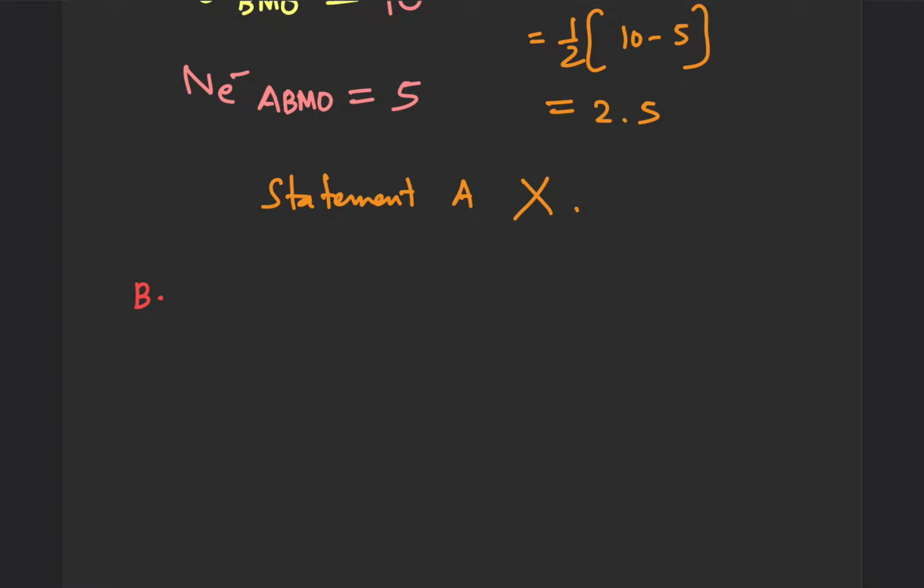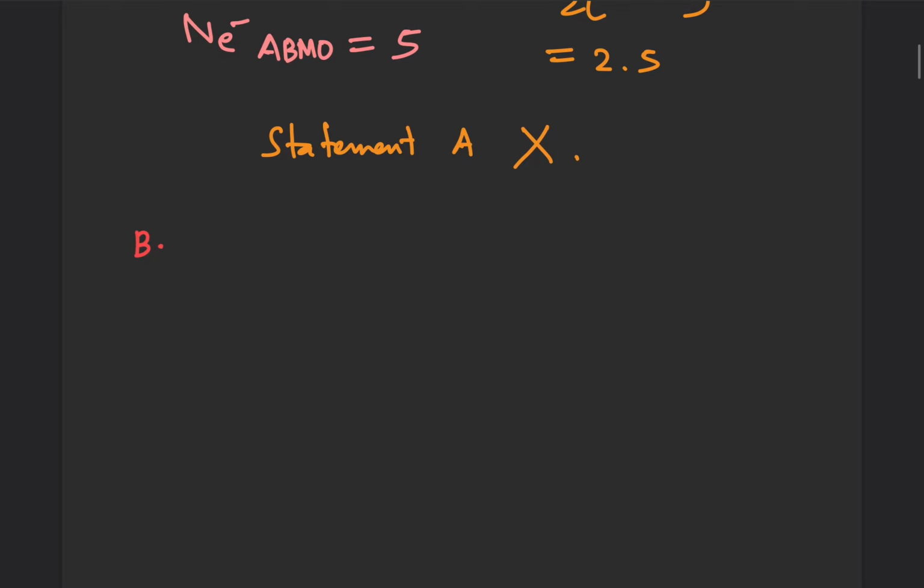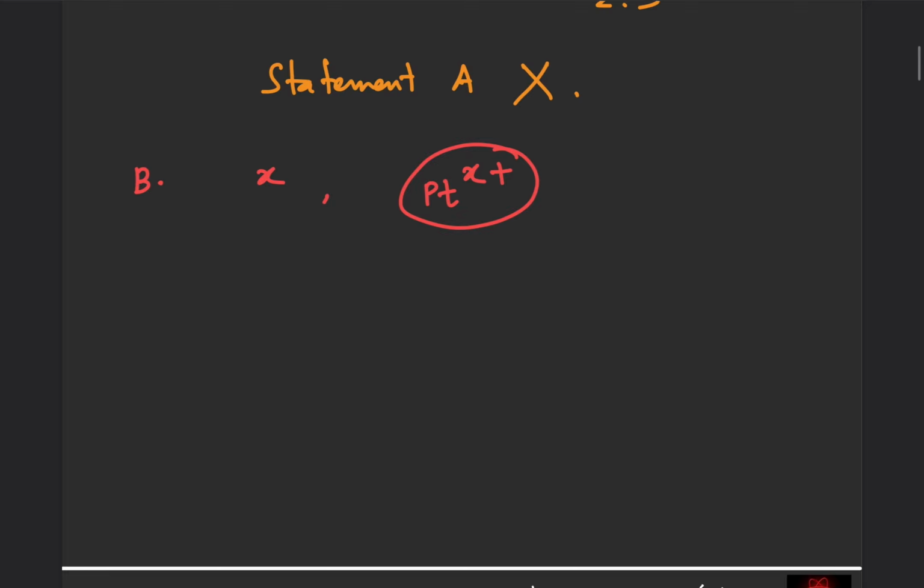Then statement B says that the valence d orbitals of the metal ion in X+Y- has 5 electrons. Okay. To find the charge on the metal ion, assume it as x. So Pt becomes Pt x+. Therefore x plus 6 into minus 1 will be equal to minus 1.